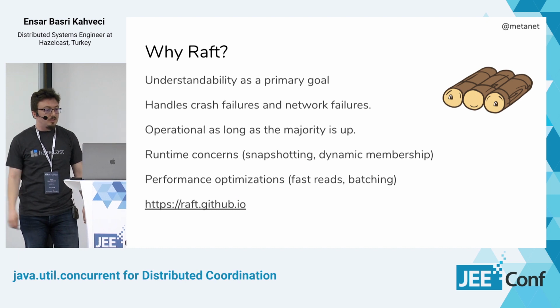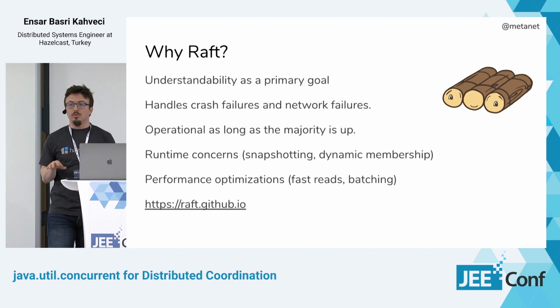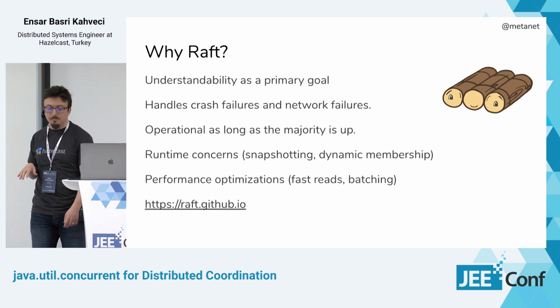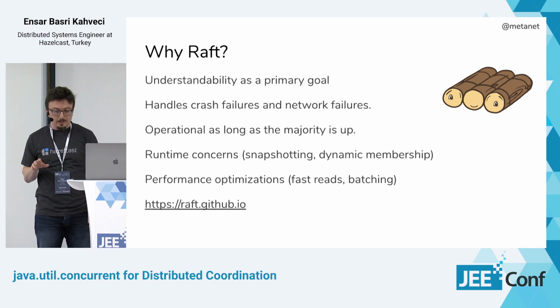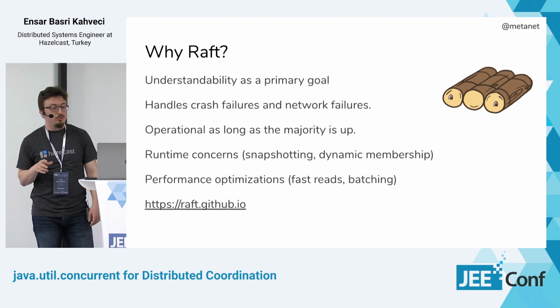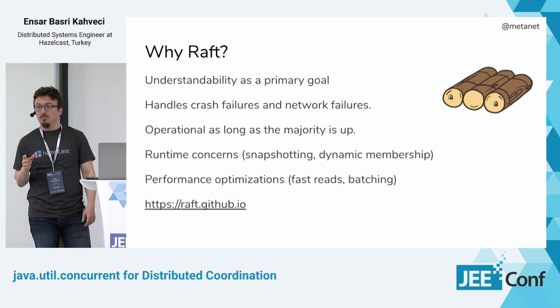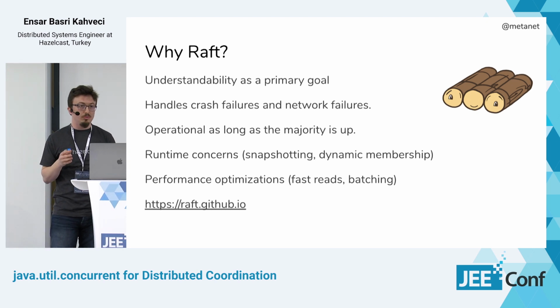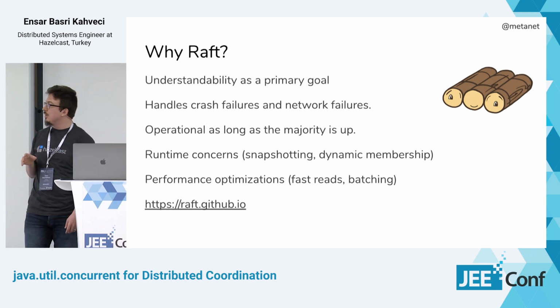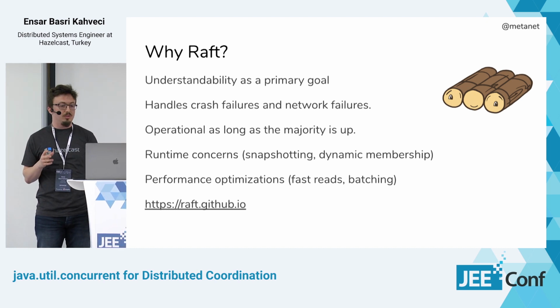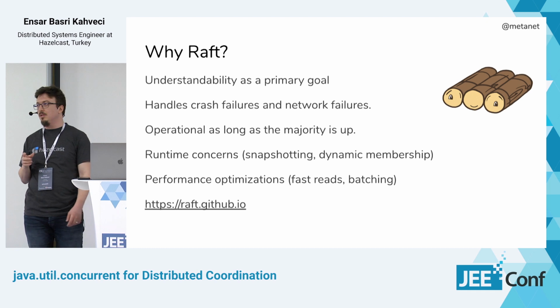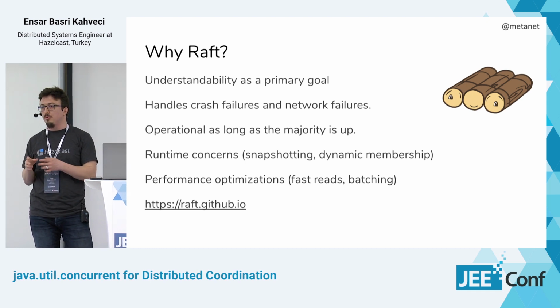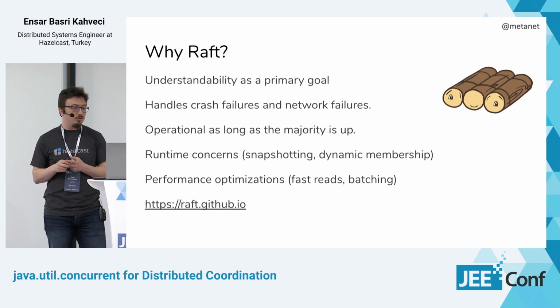As I said, we built this solution on top of the Raft consensus algorithm. Besides Raft, we also have the Paxos algorithm, and Paxos has been around for probably 30 years and maybe more, and it also has many variations. But the thing about Paxos is it's a bit difficult to understand, and it has many gaps for implementation concerns.